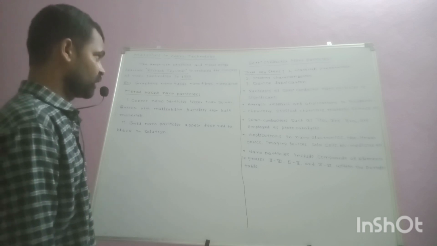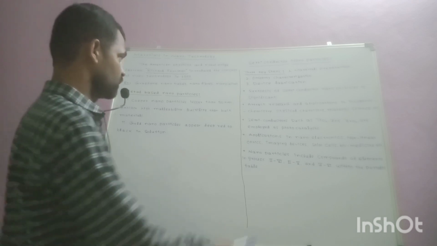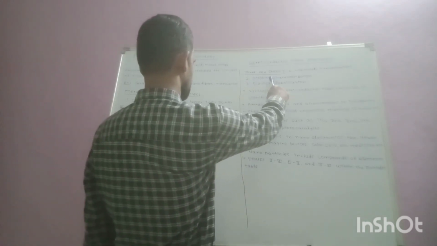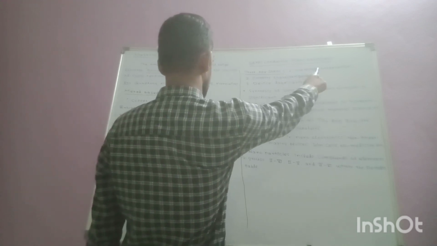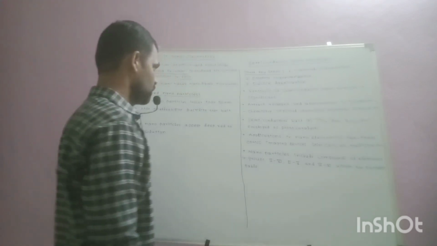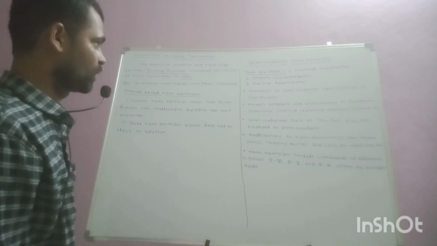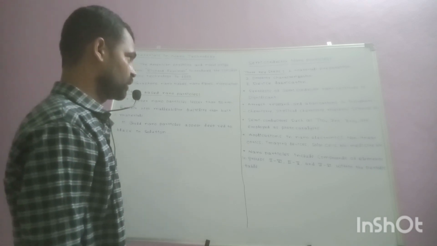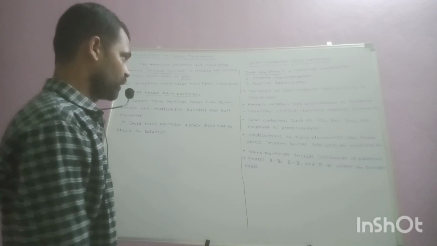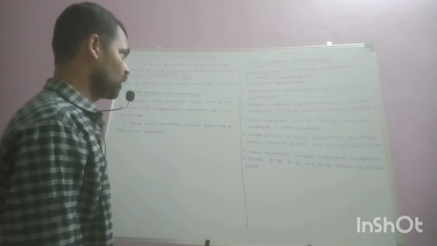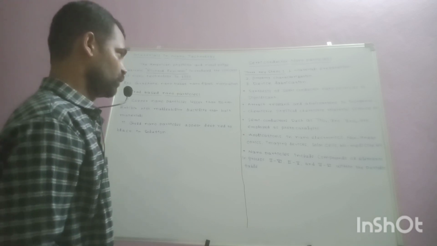Semiconductor nanoparticles. The three key steps here I have mentioned: materials preparation, property characterization, device fabrication. First we have to prepare the materials, then property characterization: what properties we are getting?